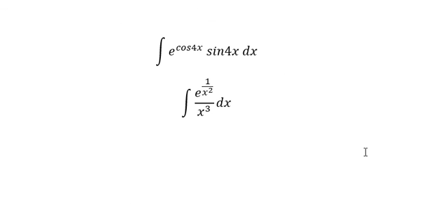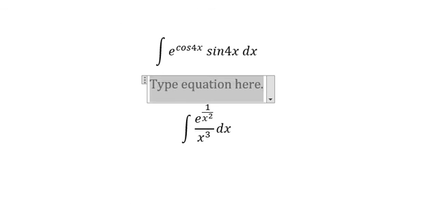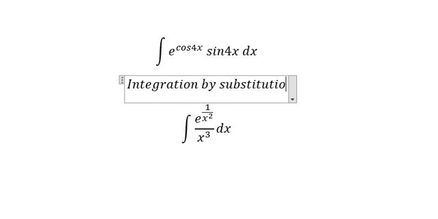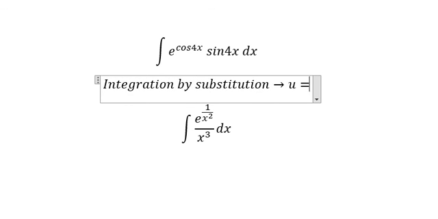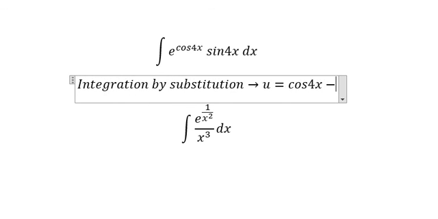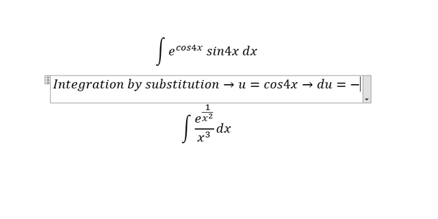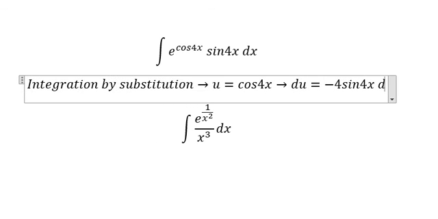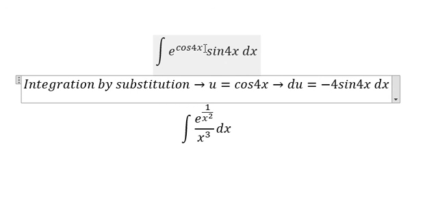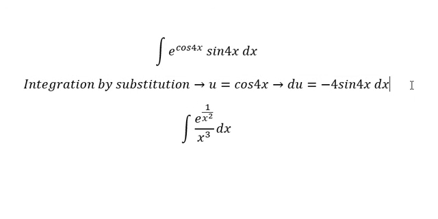Now let's go to the next one. We need to use integration by substitution. So I will put u equals cosine 4s. The derivative, you get negative 4 sine 4s ds. Because we don't have negative number 4, we divide both sides by negative number 4.